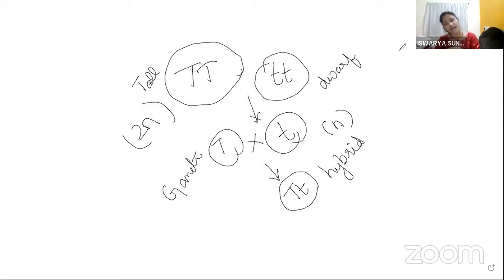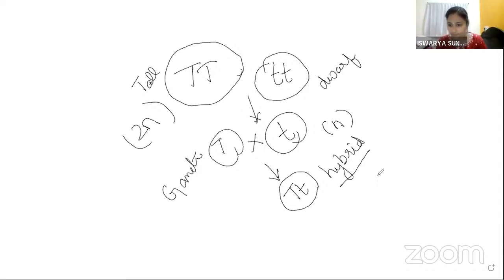So the result has the purple color, but it does not have seeds like the green grapes. So that's a hybrid. Hybrid means a resulting product from two pure breeds. When two pure breeds are combined, it forms a hybrid.